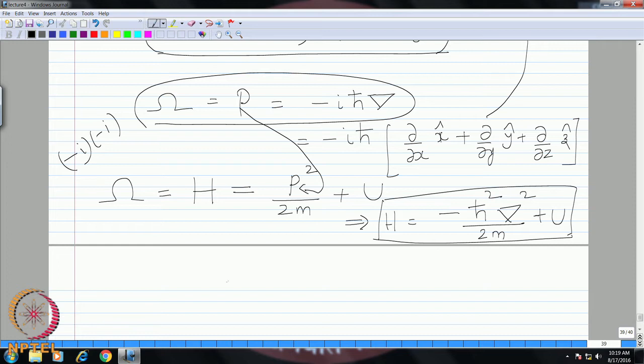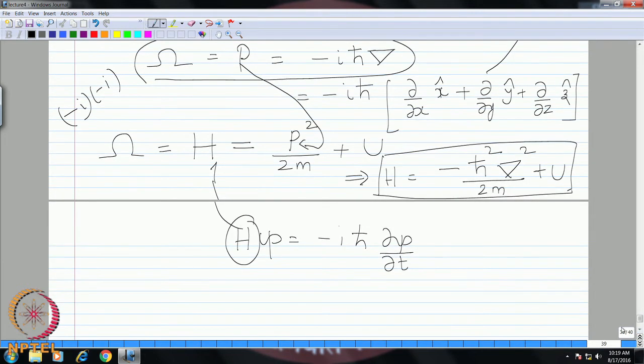So, the Schrodinger's equation now will be therefore H psi equal to minus i h bar d psi by dt, correct. So, this H is nothing but this Hamiltonian H, right.